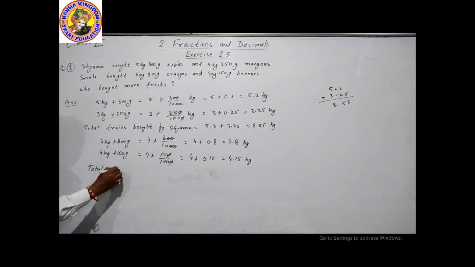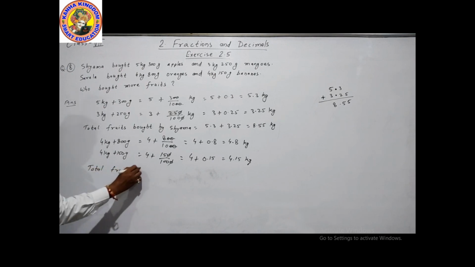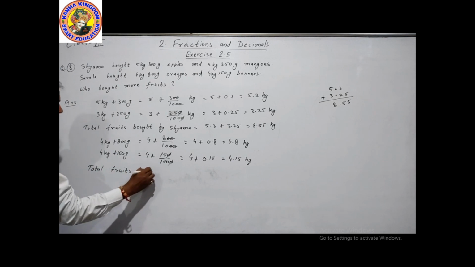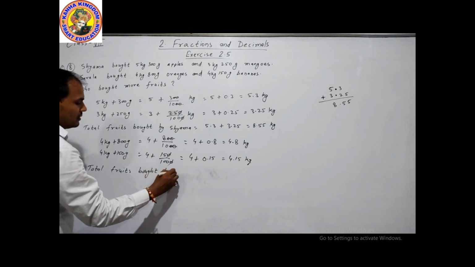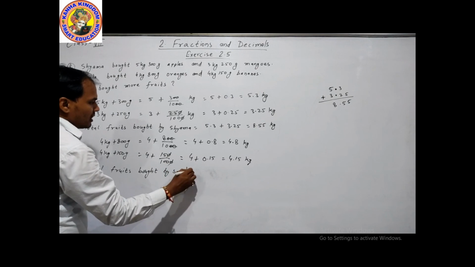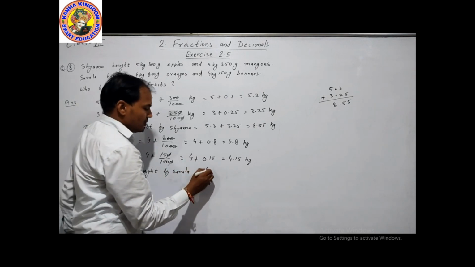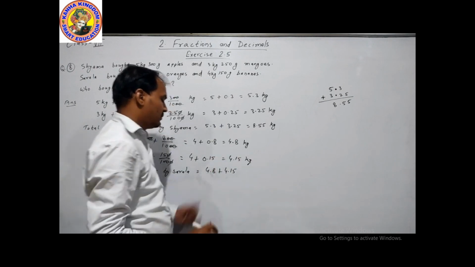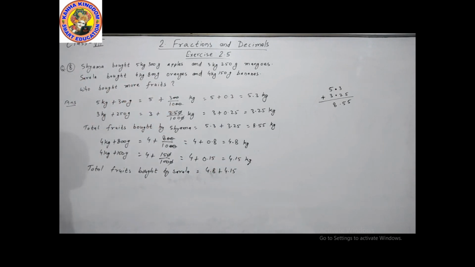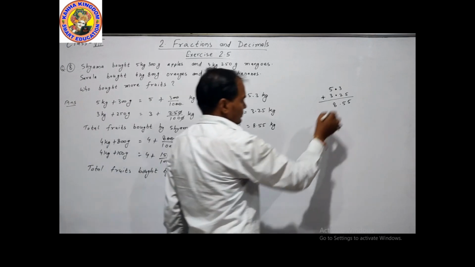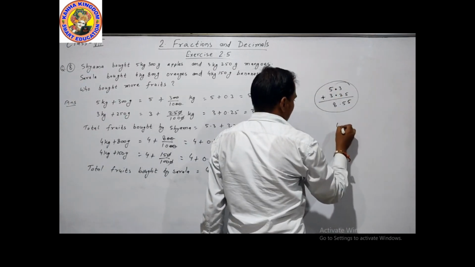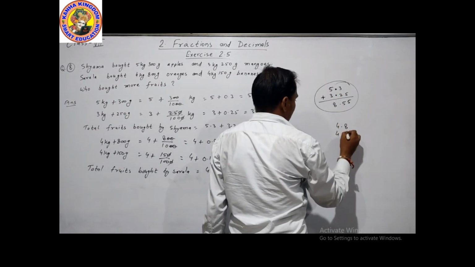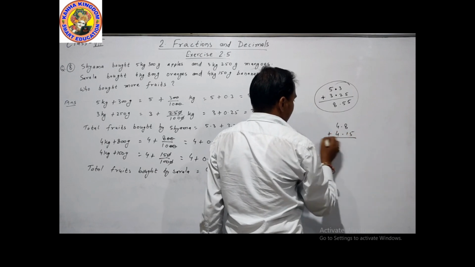Total fruits bought by Sarla is 4.8 plus 4.15. Now 4.8, 4.15, the addition.